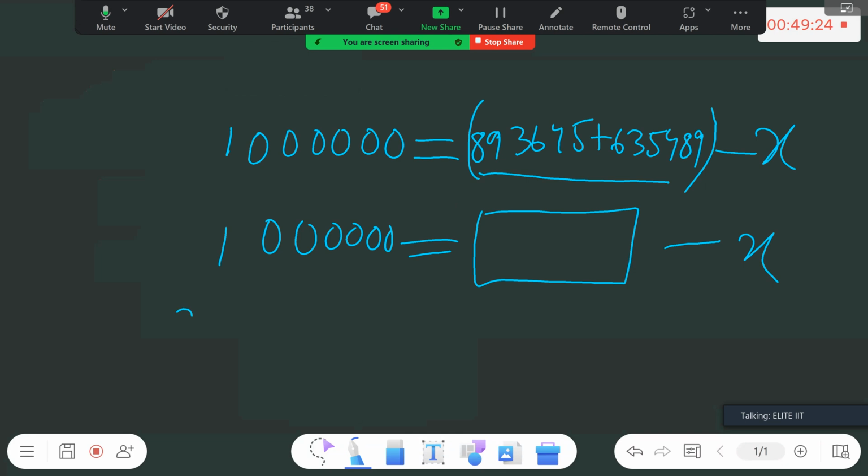If I tell you, you get 2 by subtracting something from 6, what is this number? 2 equals 6 minus something. The number is 4. How do you get that 4? 6 minus 2.